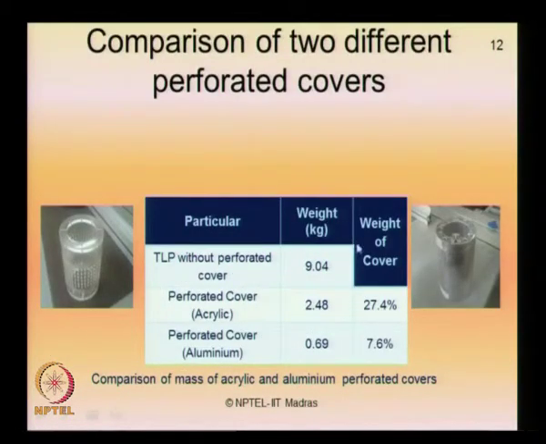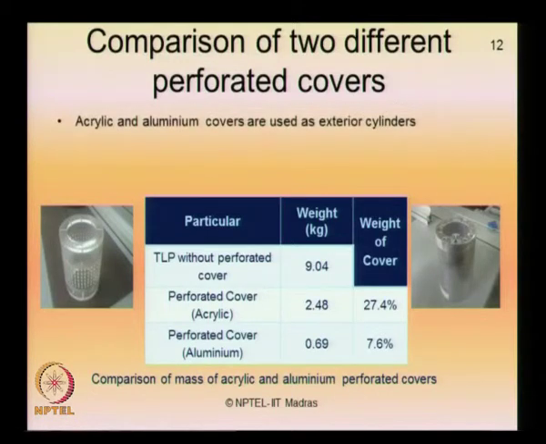Now, the outer cover can be of two different materials which have been attempted in the study. One can be simply an aluminum cover, one can be an acrylic cover, which have different densities. Now what would be the basis if you really wanted to conduct a study of this order? The basis could be that the acrylic and aluminum covers can be used as exterior cylinders with porous members or porosities in the outer layer.